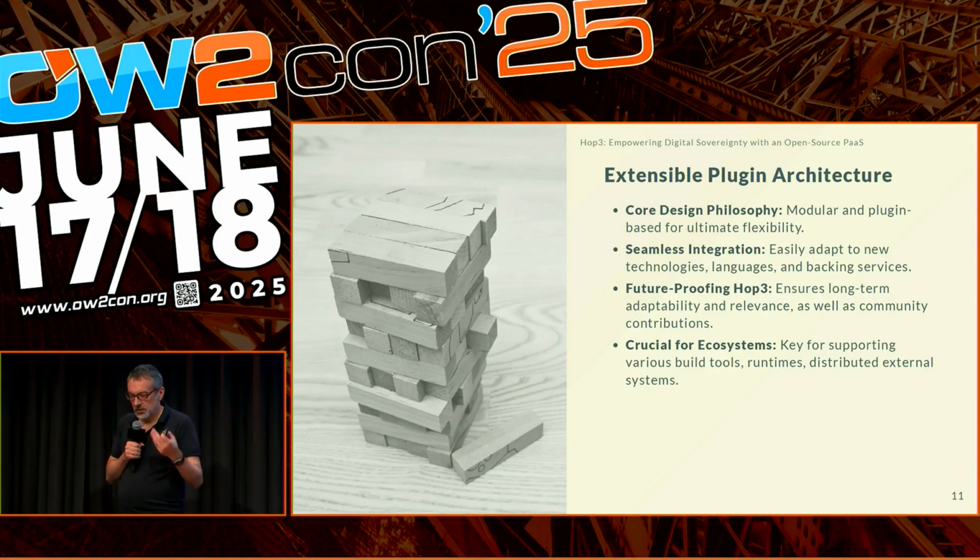But we are improving on the existing situation by having a plugin architecture. The plugin architecture is very important to be able to address many different technologies and many different deployment scenarios, from one single server to several servers, from Docker or OCI-based deployment to non-OCI-based deployment.